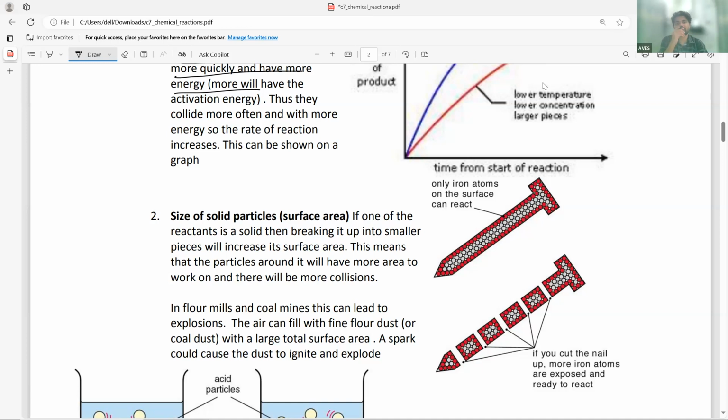So when you cut the iron piece, new surfaces will be formed. If you have powder form of iron or a ball of iron and you are reacting it, you will find that on increasing the surface area, the rate of reaction will increase. Cutting the iron into pieces will increase the rate of reaction.